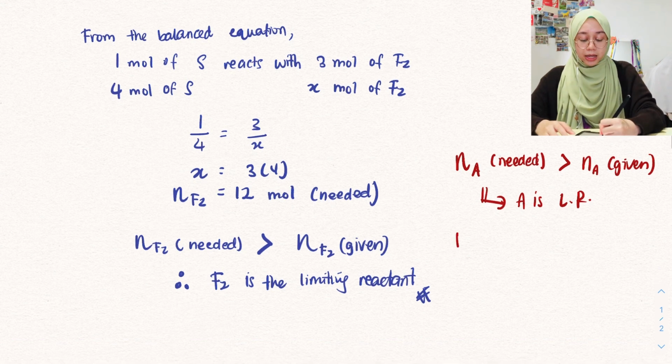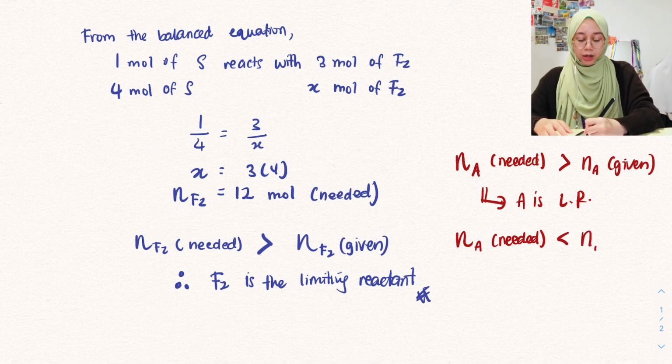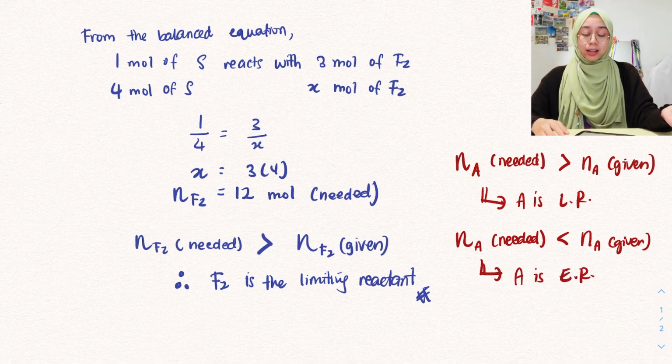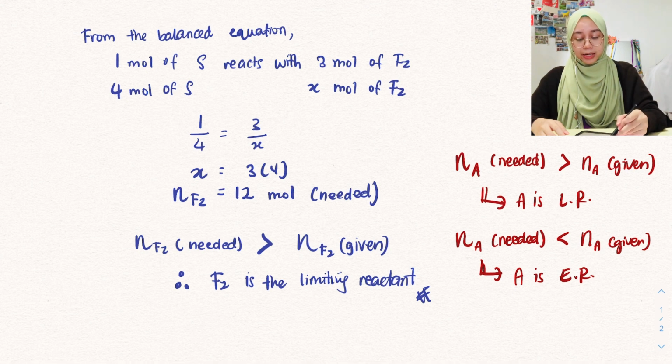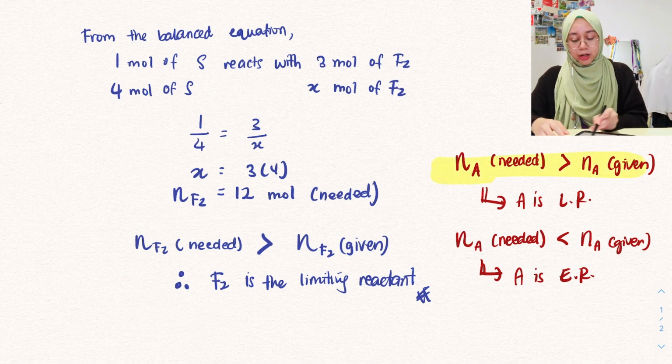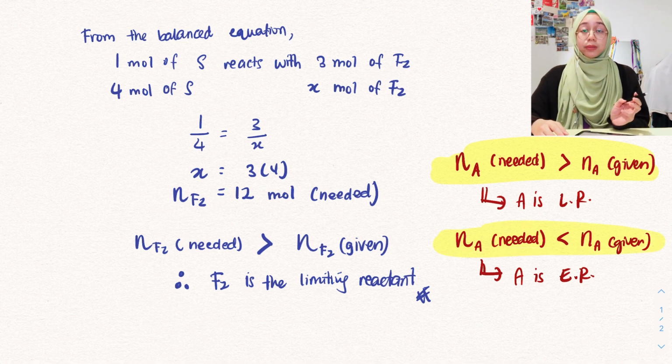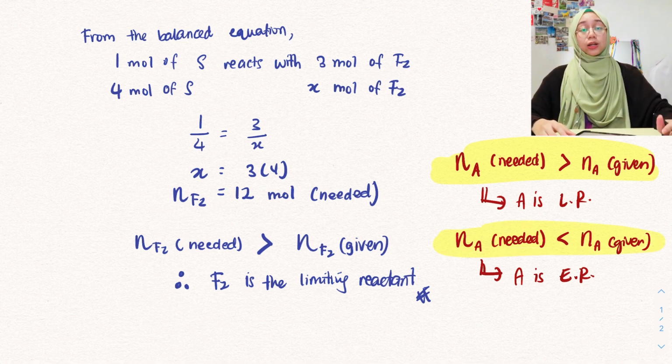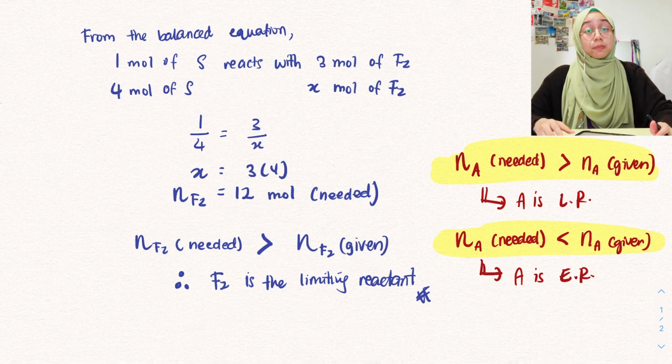Okay, but then if kita punya mole A needed is less than mole A given, therefore A is the excess reactant. Okay, so kamu kena ingatlah benda ni. Tapi as long as kamu faham sebenarnya konsep limiting reactant ni macam mana, it shouldn't be any problem. Okay, so let's have a look at the example 2 now.